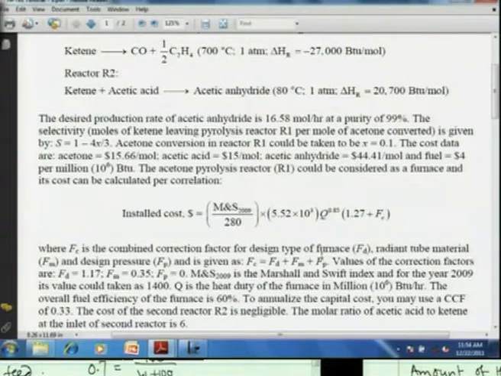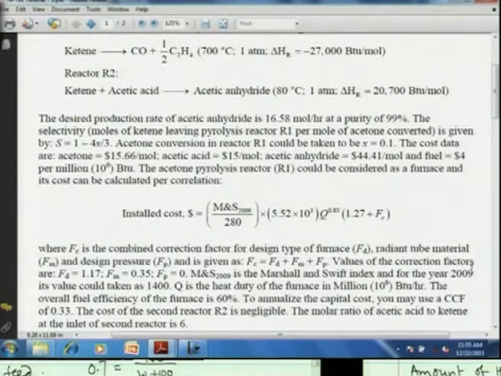Now, the correction factors are FD for the design type of furnace, FM for the radiant tube material, and FP for the design pressure. The total correction factor, because of these three, is just the summation: Fc equals FD plus FM plus FP.